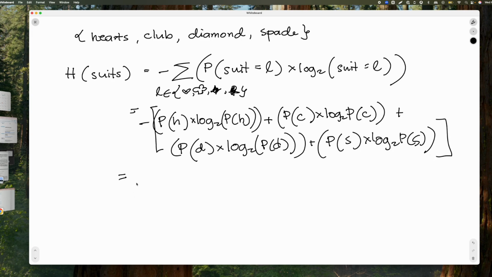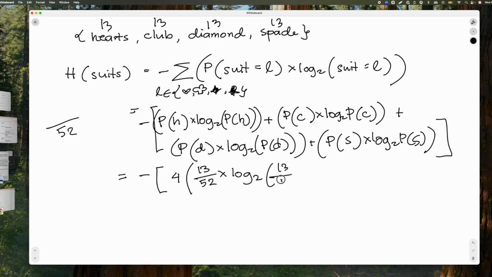So what we have here, we know that in a deck of cards, we have these 52 playing cards. There would be 13 of hearts, 13 of clubs, 13 of diamonds, and 13 of spades. So that is simply like this one, 4, because there are 4 of them, you have 13 over 52 times log base 2 of 13 over 52.